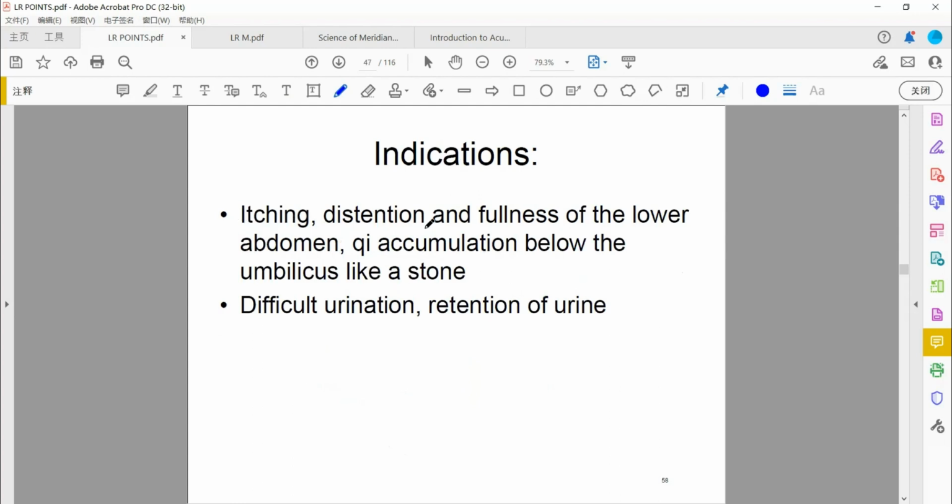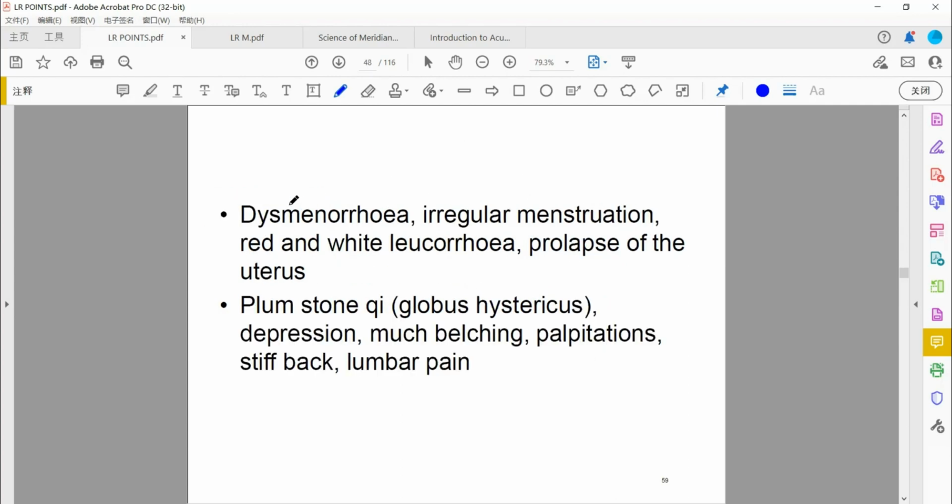Eating, distension and firmness of the lower abdomen, qi accumulation below the umbilicus like a stone, difficult urination, retention of urine. Right, lower jiao, still lower jiao. Itching, right? And here, that's the menstruation.